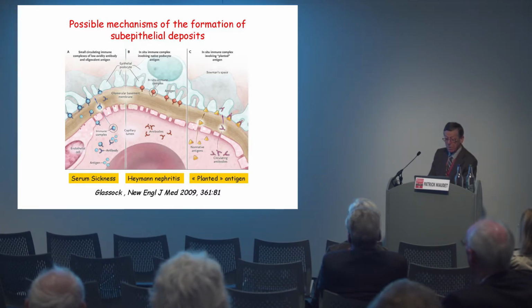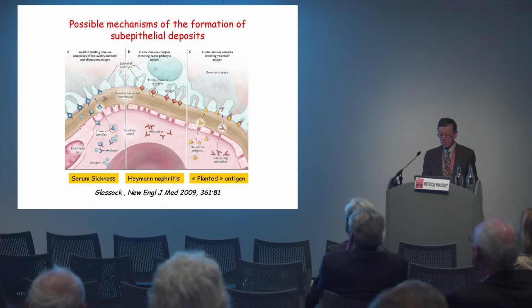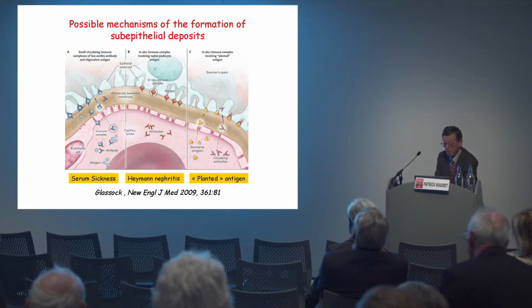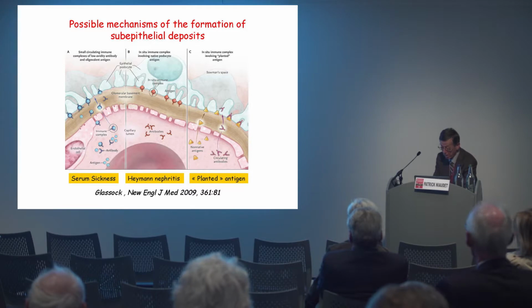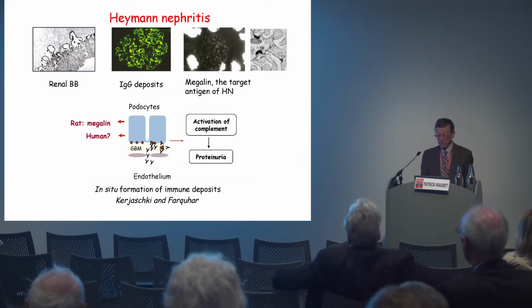That is the example of the serum sickness, where immune complexes are observed, in Heymann nephritis, and for planted antigens. And I will say a few words about Heymann nephritis.